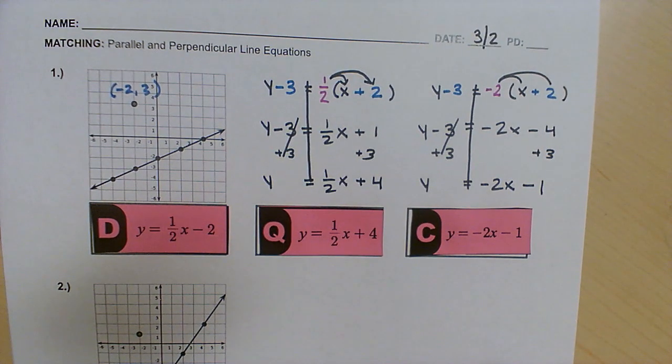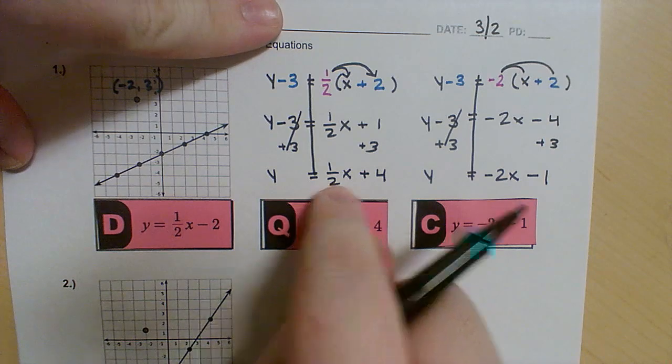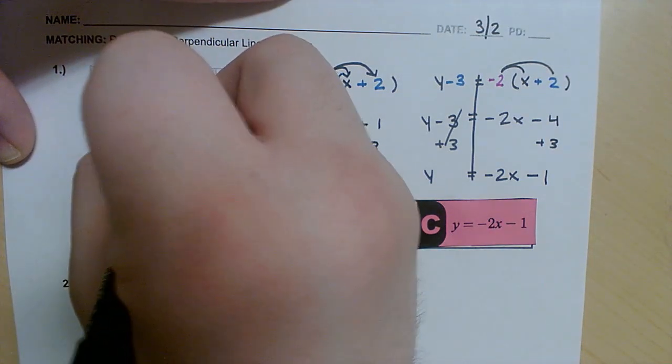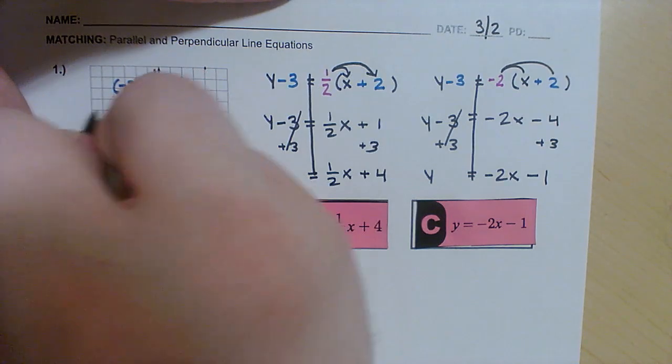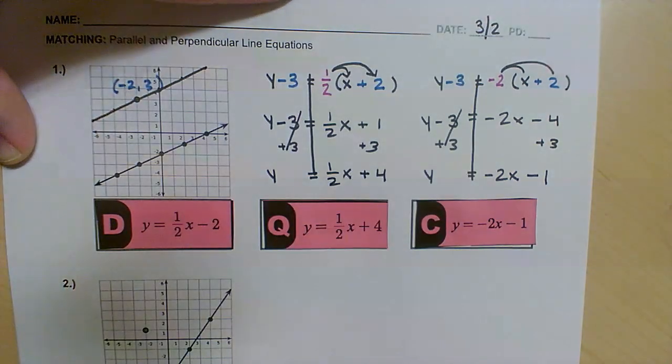Okay. If you want, you can look at these and say, let me graph 1/2 x plus 4. So that would be like this, which does run parallel.